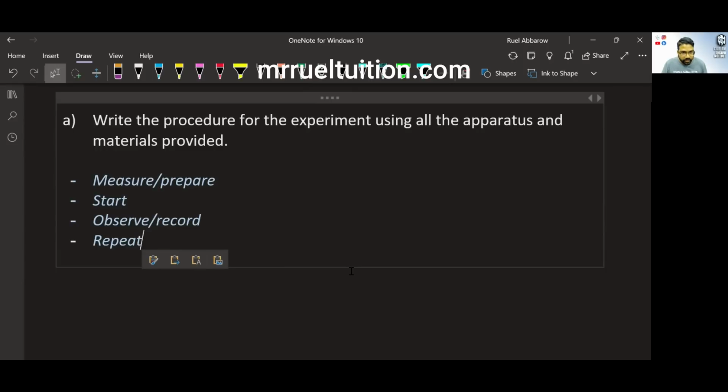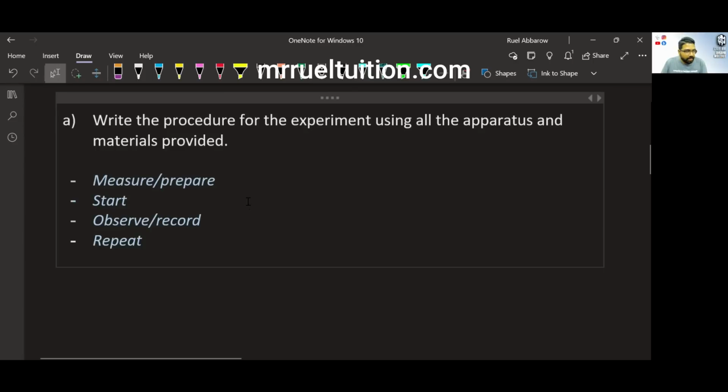Now, for measure and prepare, it's helpful if you know the diagram. From the diagram, you can easily tell what you need to prepare, because everything in the apparatus setup diagram is already prepared. So you just have to refer to it.